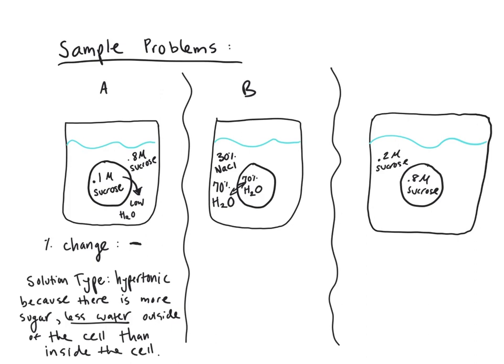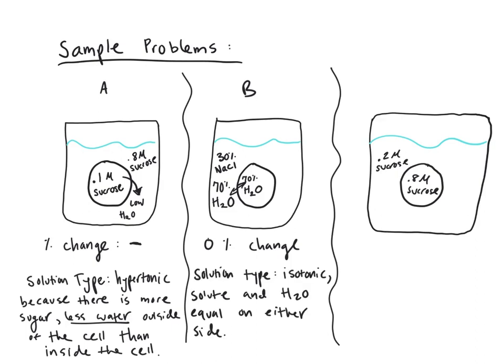So I'm going to draw an arrow pointing both in and out. This is going to have a 0% change. So we can actually assume that our cell has about 30% salt or 30% solute, and this solution type is going to be isotonic because it's equal on either side.